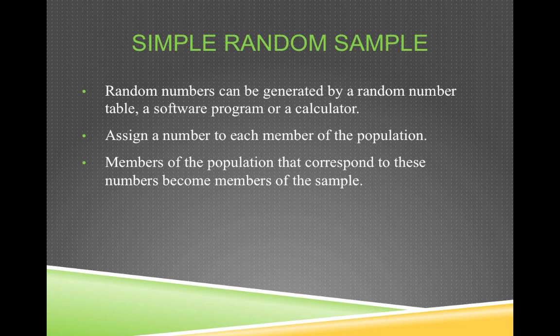So maybe we give every single student at USC Upstate a number, and we do a random number generation, and we happen to get the numbers 7, 41, and 104, and so the students corresponding to those three numbers would go into our sample.